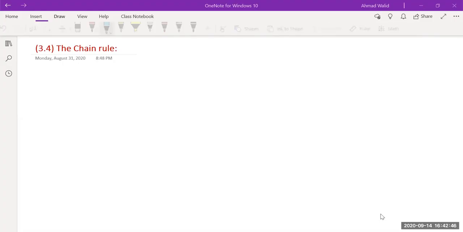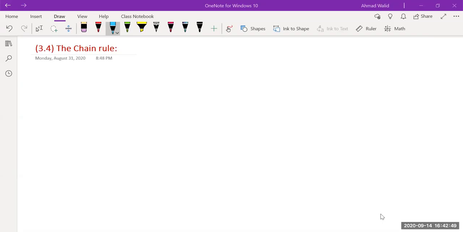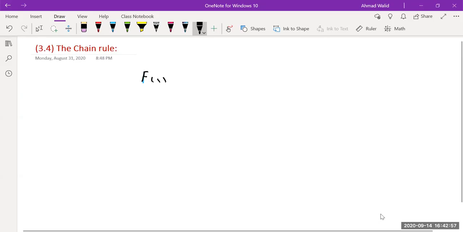Let me start with a very simple example. For example, let me change the color first. If I have a function f of x equals, let's say, the square root of x squared plus 1.